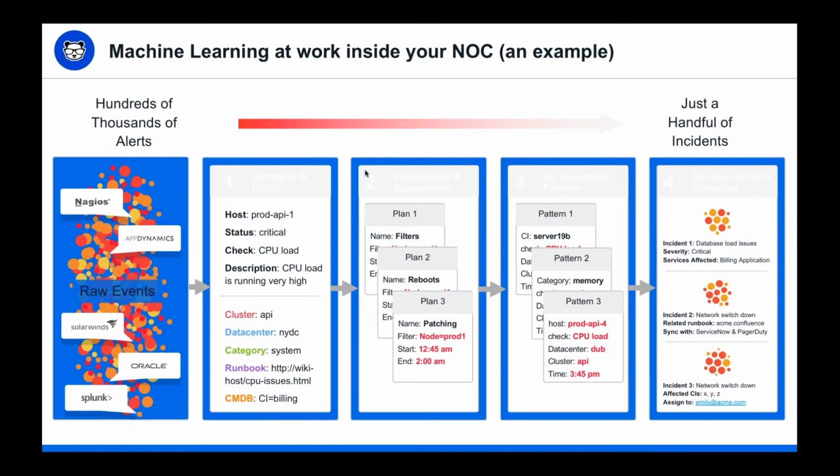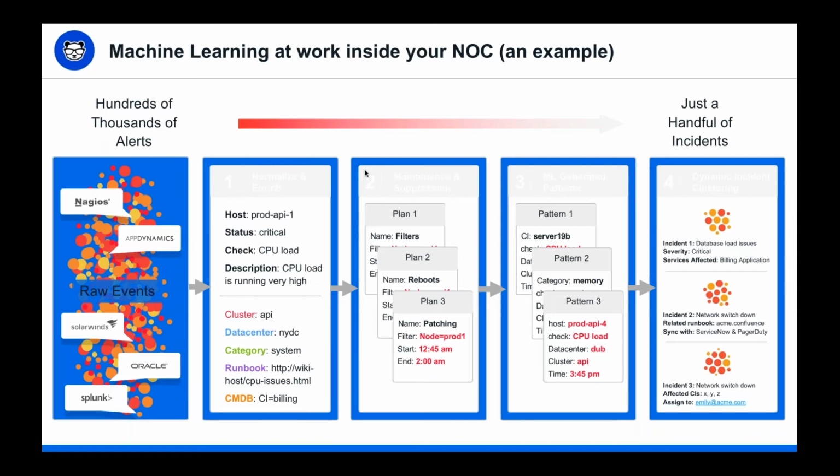So you have tools such as what you see here, AppDynamics, Nagios, SolarWinds, Splunk, and literally any number of off-the-shelf, homegrown, or custom monitoring tools that are generating hundreds of thousands of alerts in real time, and these are now flooding your NOC.